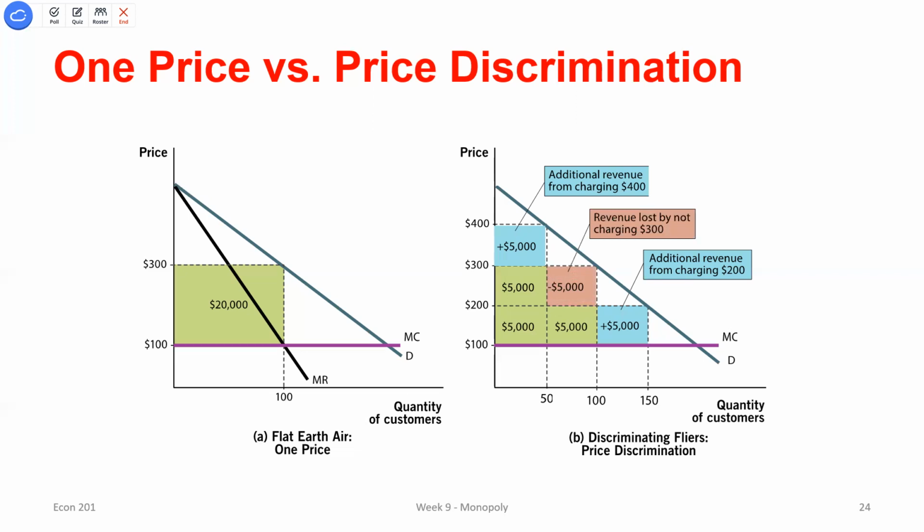Even in this price discriminating model, where I charge $400 and $200, two separate prices, I gained 10,000, I lost 5,000, so I would still make $5,000 more than if I was a single price monopolist. So even if you could only do two prices, there still would be gains to being able to price discriminate.